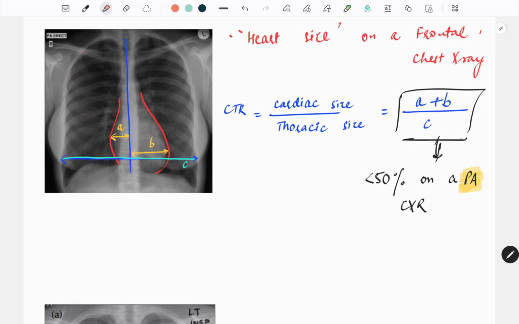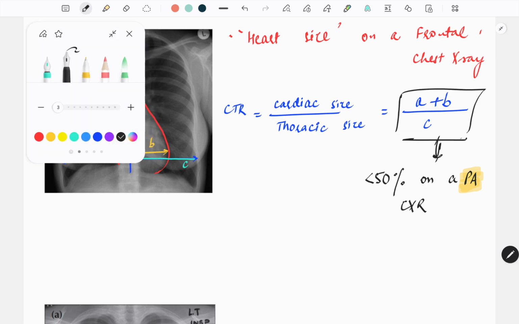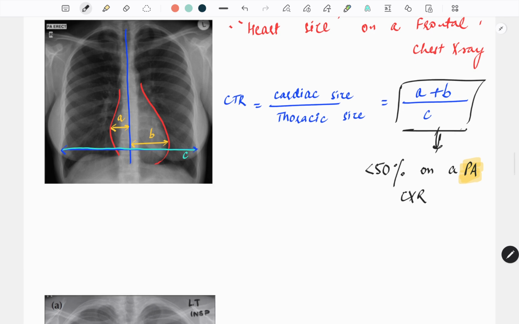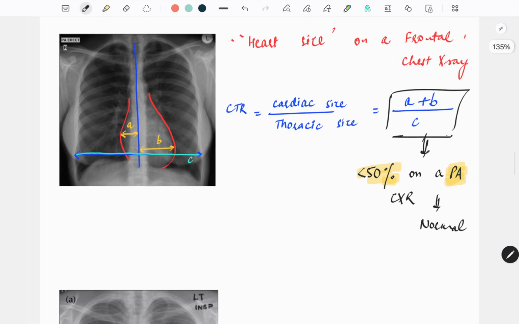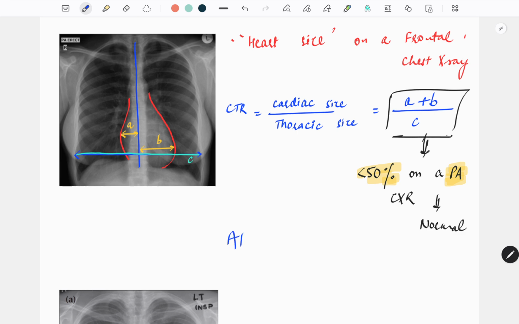If this is not the case, this would be the normal size, but on a PA radiograph. If we get an AP radiograph, then this cutoff would be approximately up to 60%.